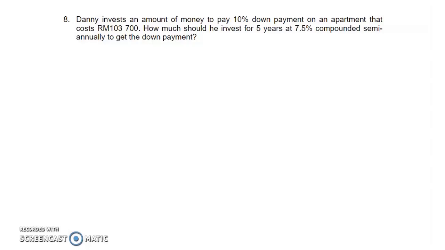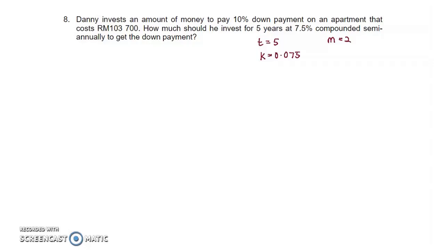Okay, first you extract the information. T equals 5. K is 0.075. Conversion period M, the frequency of conversion: compounded semi-annually, so M equals 2.